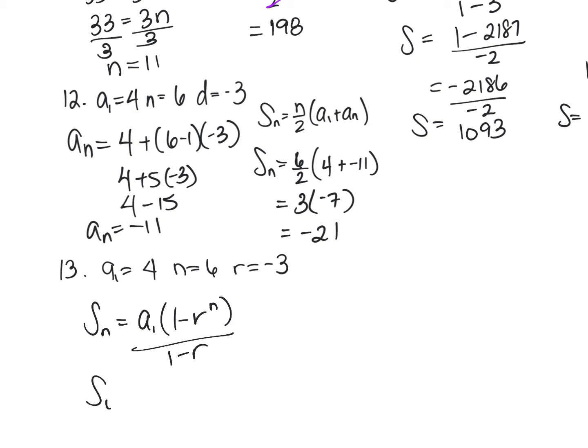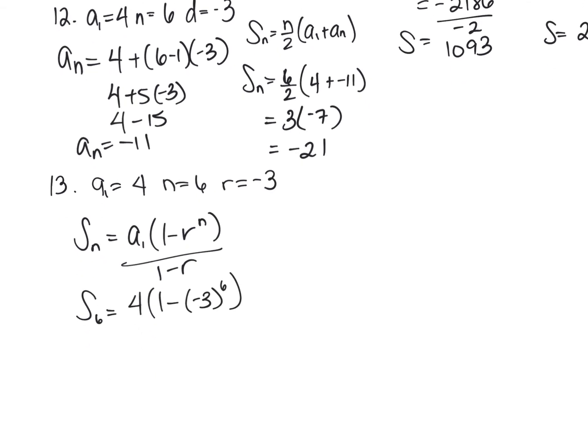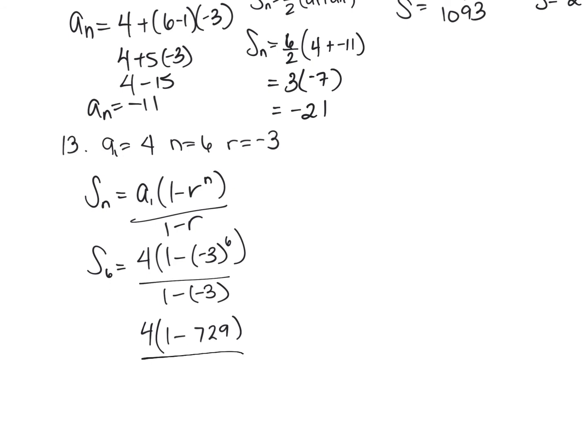And so that's the sum of 6 terms is a1, which is 4, 1 minus -3 to the 6 over 1 minus -3. Remember order of operations, -3 to the 6th has to happen first. And so that's a positive 729 divided by positive 4. The 4's cancel, and we get -728, the sum for 6.